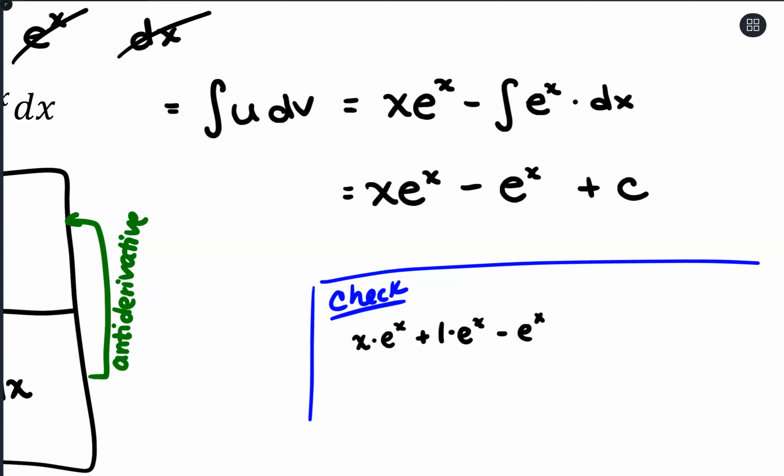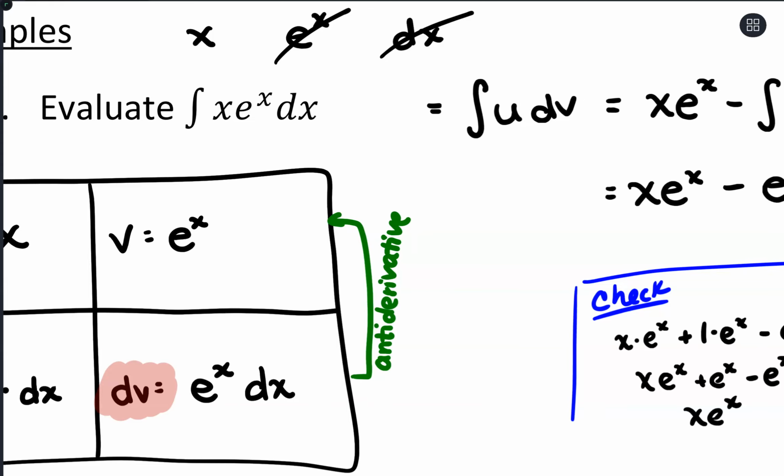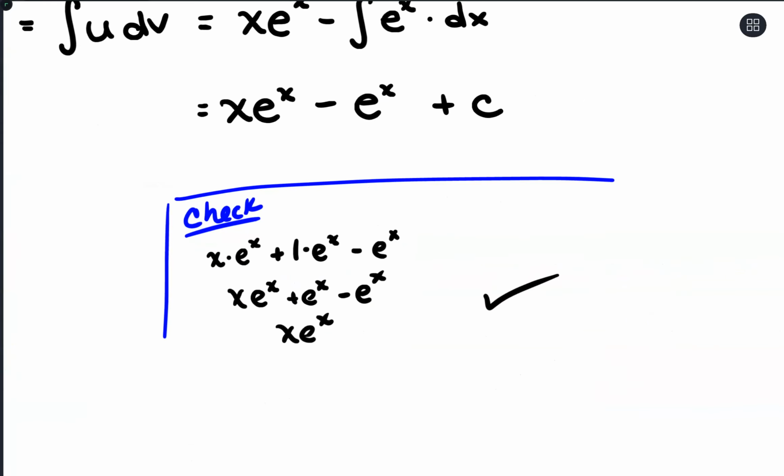And then the derivative of c is just 0. So we have an x e to the x plus e to the x minus e to the x, which is just x e to the x. So that sounded like a riddle there at the end. X e to the x. So in terms of checking, you can always check by taking the derivative of the answer that you found.